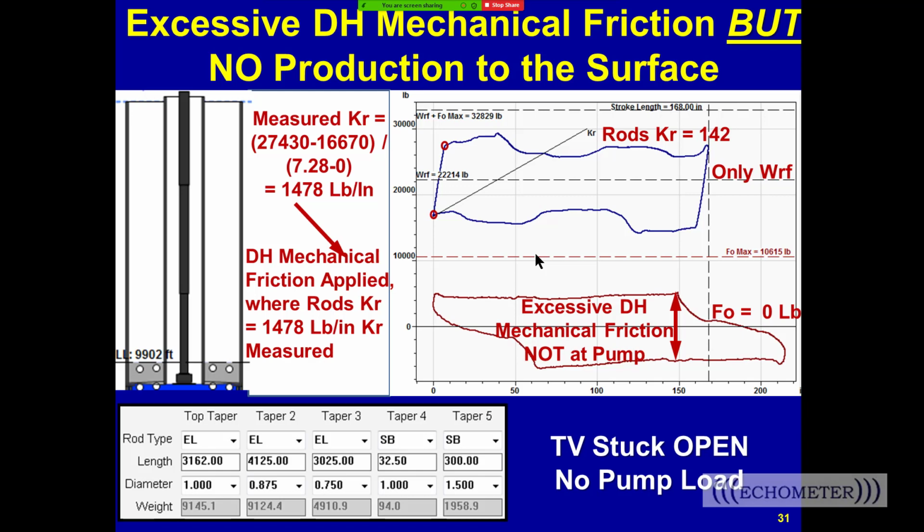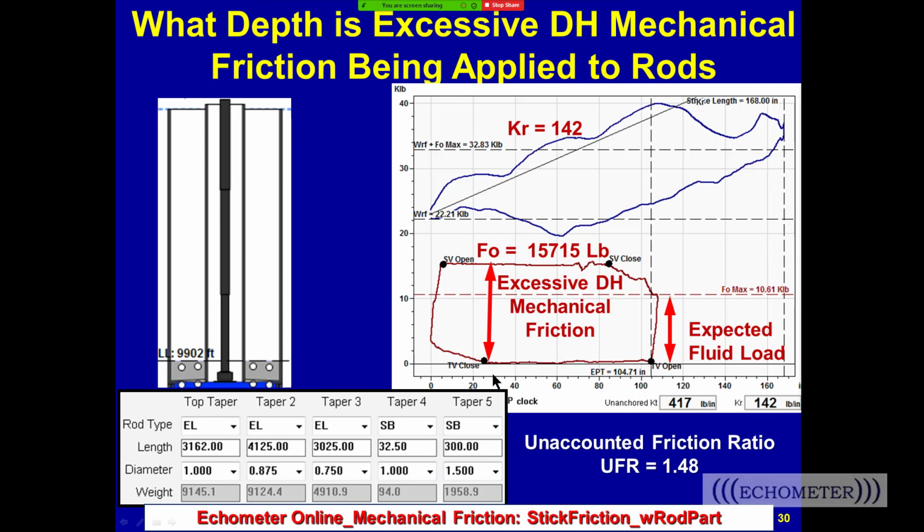So the thing that we know is that on the downstroke, the pump card should be set on 0 if there's no mechanical friction and the traveling valve is open. The traveling valve is open right here. So the TAM software, by setting the pump card on 0 with the PRT, determines the 0 offset, and that then determines the loads at the surface.